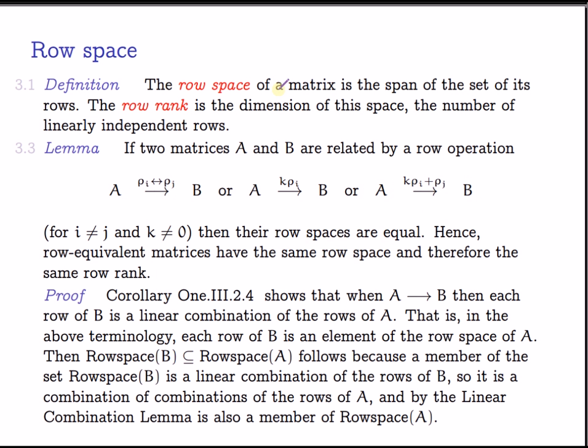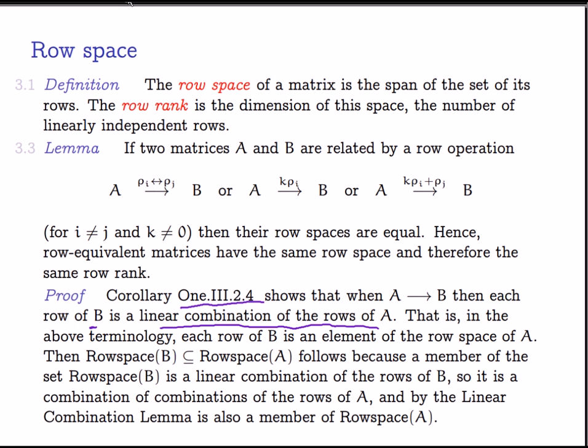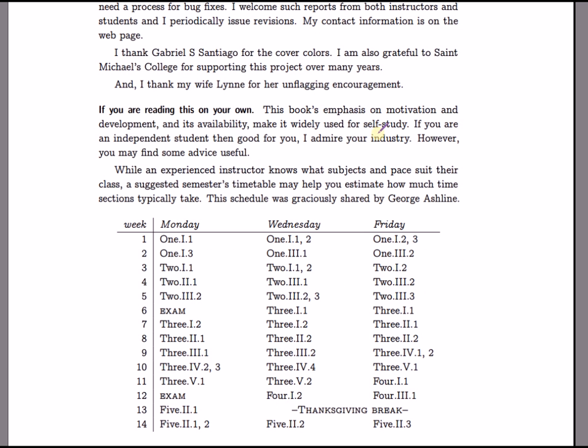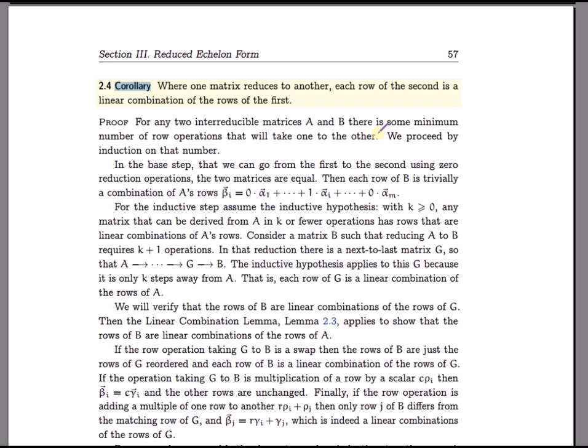Okay. If we take this corollary, it shows that when A goes to B, then each row of B is a linear combination of the rows of A. Now let's take a look at that corollary. It should be right here. Corollary 132.4. So let's go back. Okay, so here we have it.